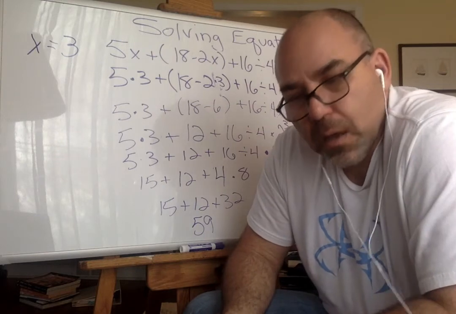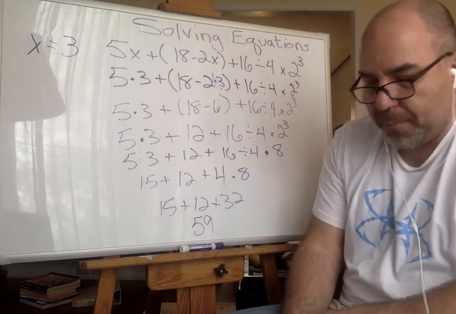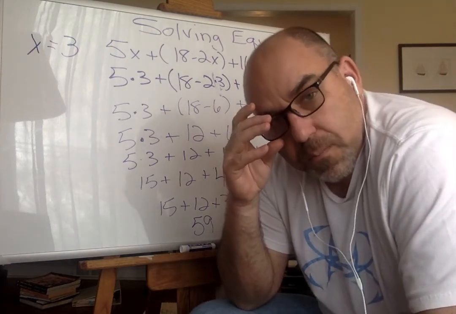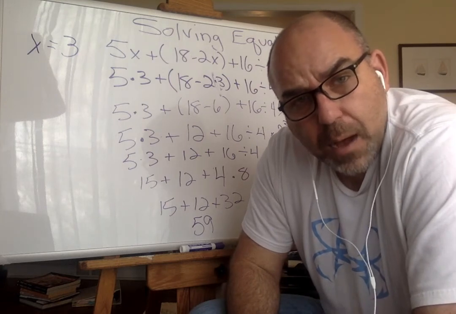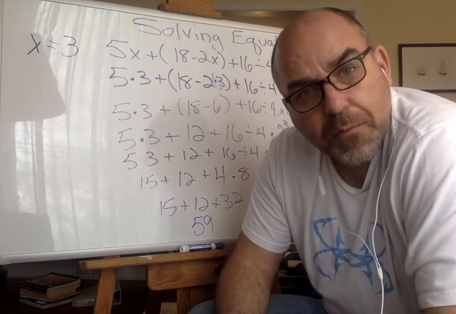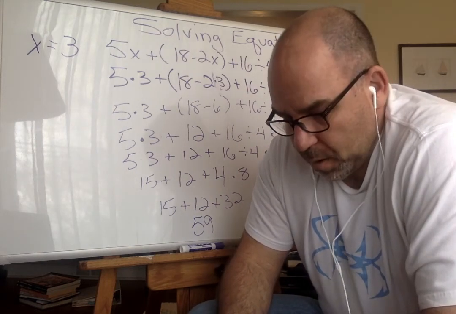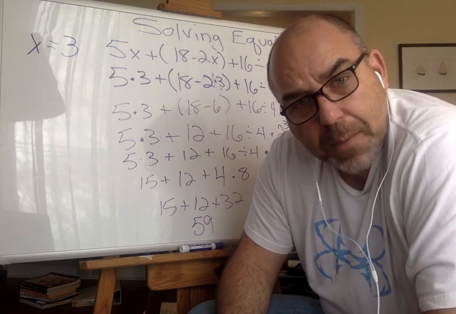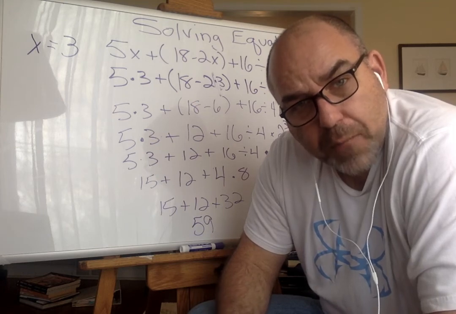Tomorrow's worksheet, which is a lot longer and has a lot of problems on it, I would like you to just do the evens. Okay, do the evens, and take a look at what I've posted with regards to online practice, IXL, Khan Academy, and make sure you're doing all your homework and you are turning everything in.